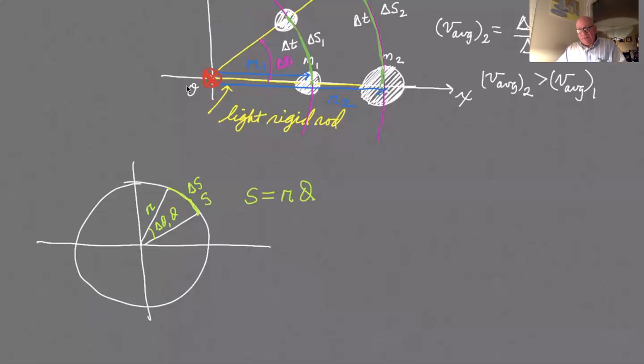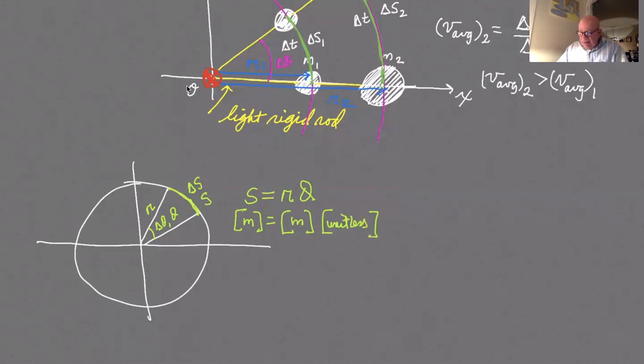And that's a really interesting formula, all right? You'll notice a couple things about it. You'll notice that the units on the arc length are meters. The units on the radius are meters, which means that the units on theta must be unitless.